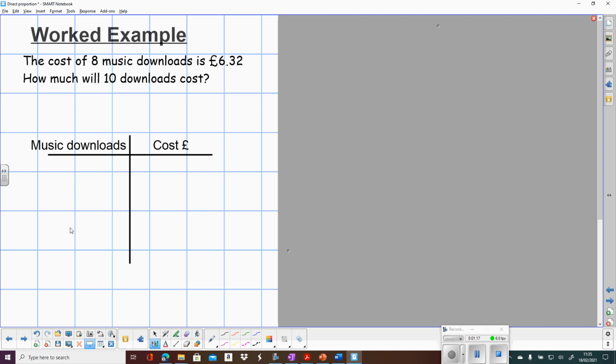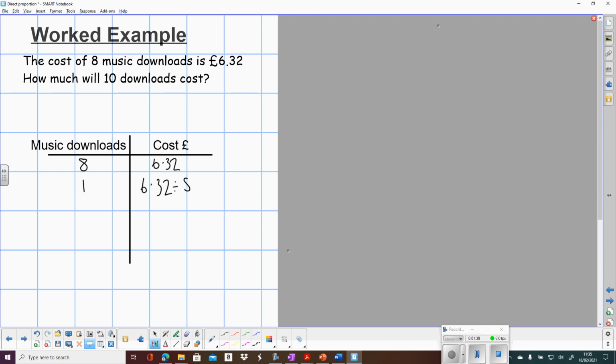We know that the cost of 8 downloads is £6.32. So we need to work out the cost of one download. One download is £6.32 divided by 8.